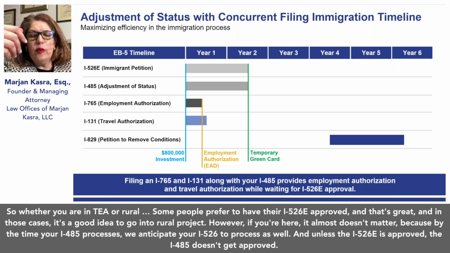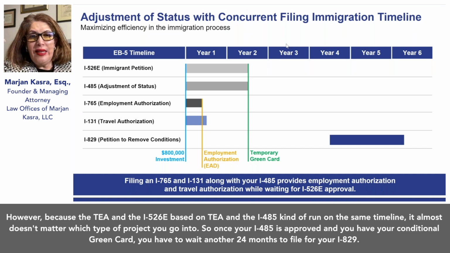However, if you're here, it almost doesn't matter, because by the time your I-485 processes, we anticipate your I-526E to process as well. And unless the I-526E is approved, the I-485 doesn't get approved. However, because the I-526E based on TEA and the I-485 kind of run on the same timeline, it almost doesn't matter which type of project you go into.